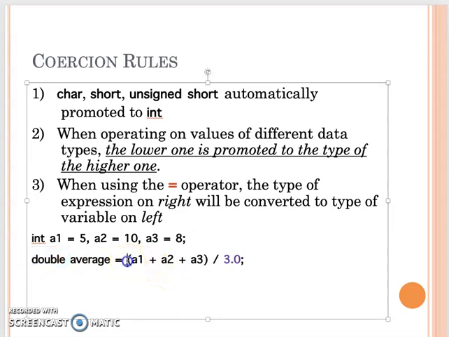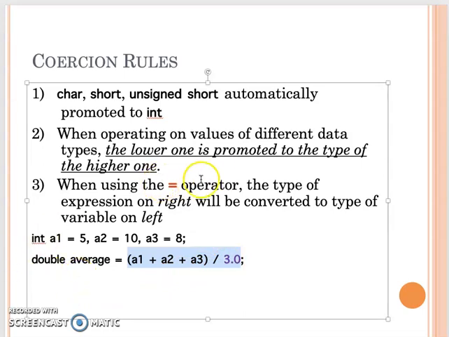But here I only have ints. So in order to make the whole calculation a double, we need to divide by 3.0. If you only divide by 3, the calculation will lose the decimal part, even if you assign it to a double value.